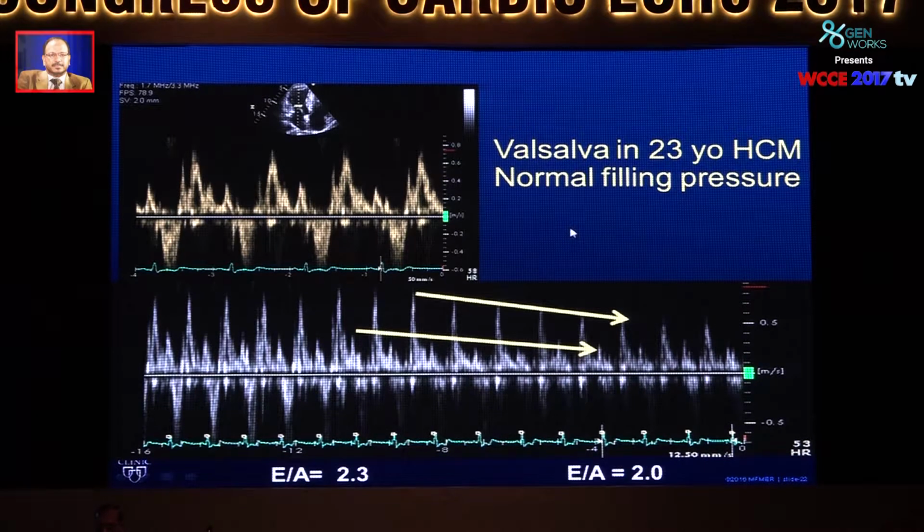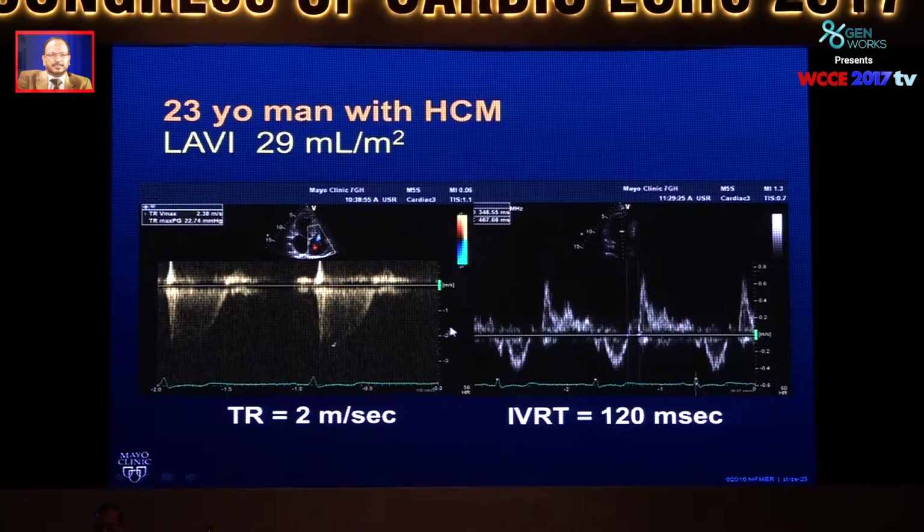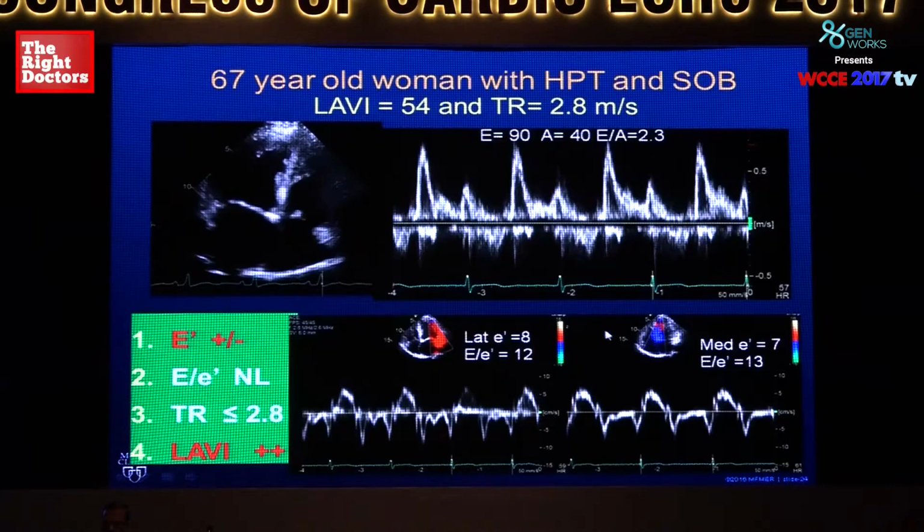Normal filling pressures, okay? And then TR velocity is 2, and IVRT, we'll hear about, is long at 120 milliseconds because of relaxation abnormality. This tells you that this patient has a normal filling pressure, but relaxation is a little bit reduced for a 23-year-old, but filling has not been disturbed.